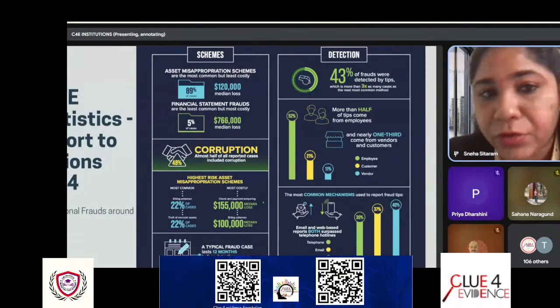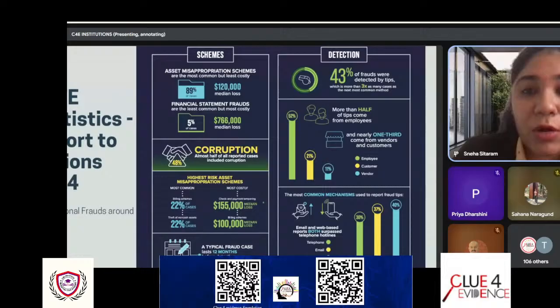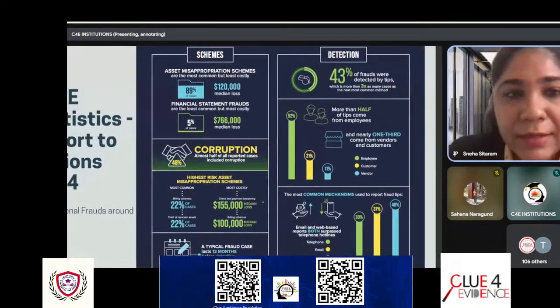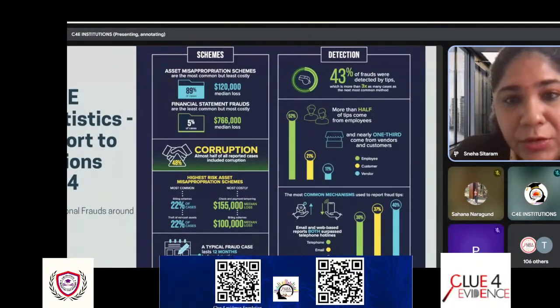But in the survey, the median loss from it is less, while the count and percentage of frauds happening is on a higher scale.